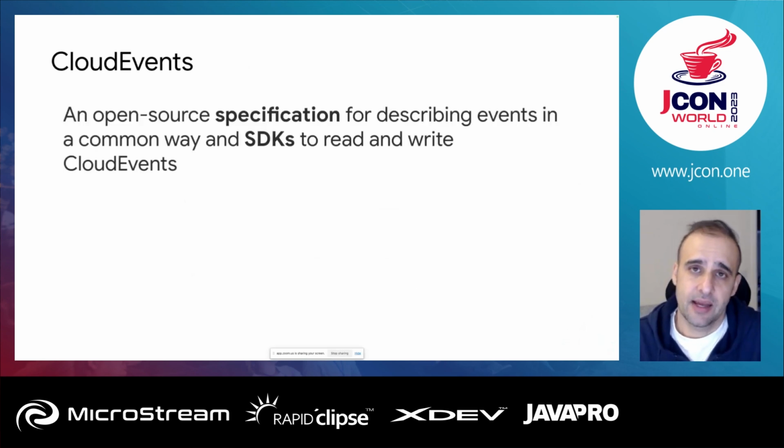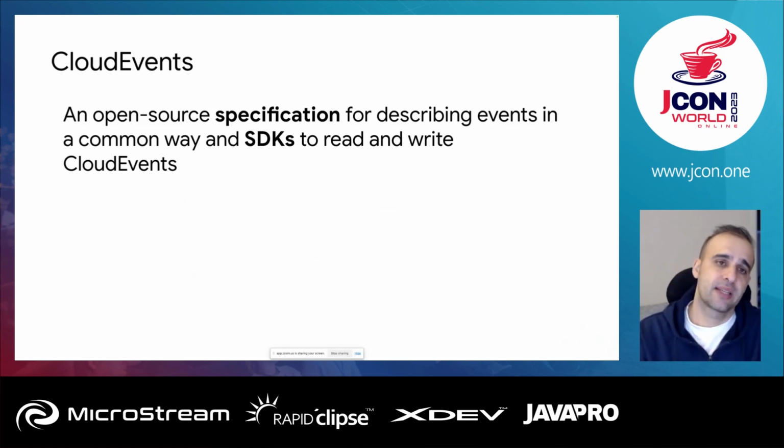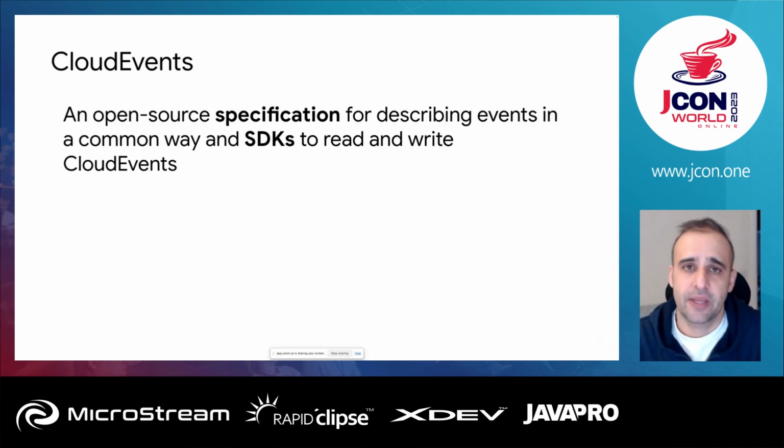Now, CloudEvents is an open source specification for describing events in a common way. So that's the key part of CloudEvents. It gives you a common format that you can use for all sorts of different eventing mediums. But it's not only a specification, it's also SDKs to read and write CloudEvents. So you actually have code you can use to read and write these events.